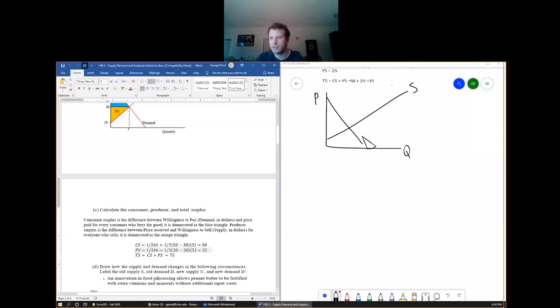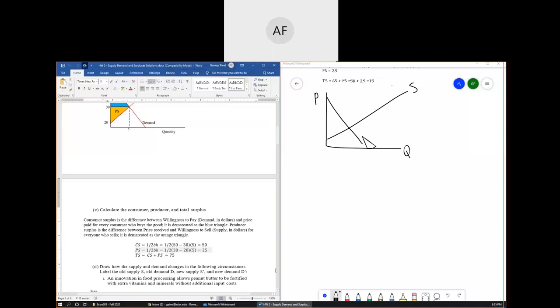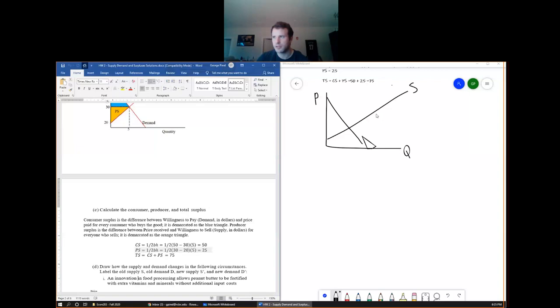But having additional vitamins and minerals will make it more popular among consumers. If something's more, sorry, Jeff. Yeah, I think we were just about to say the same thing. So because it's more popular and it's selling more, there's a higher demand for it to be in stock. Exactly. So what happens to the demand curve? Does it go out or in? It'll go out. Exactly.